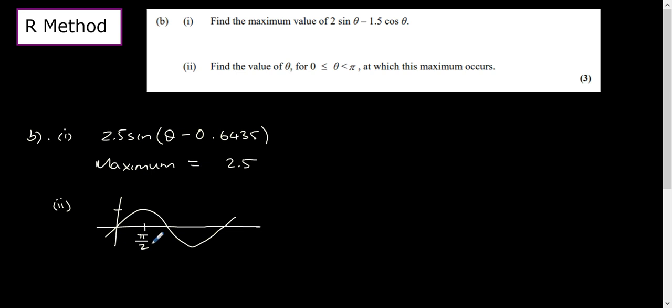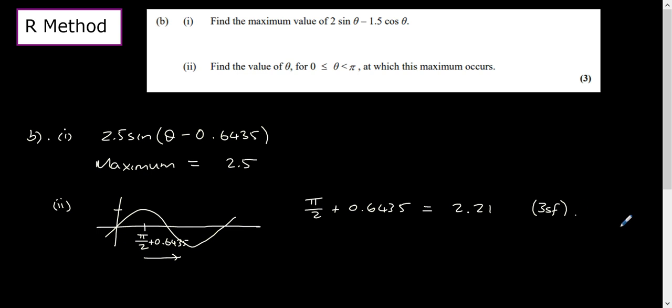So instead of the maximum being pi over 2, it's pi over 2 plus 0.6435 because it's moved to the right. So we'll just say pi over 2 plus this 0.6435, and we'll just very quickly work that out on the calculator. Pi over 2 plus 0.6435, which is 2.21. It doesn't ask for an accuracy, so we'll say that that's correct to 3 significant figures.